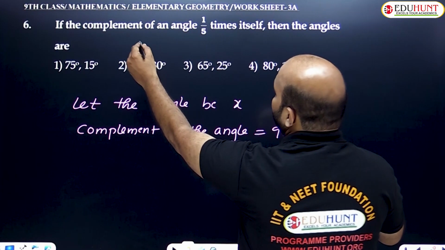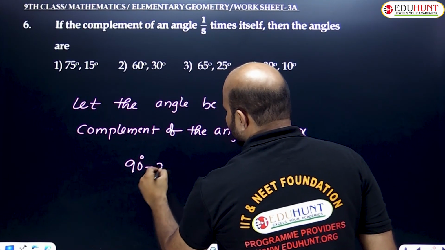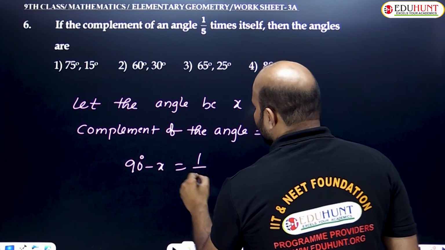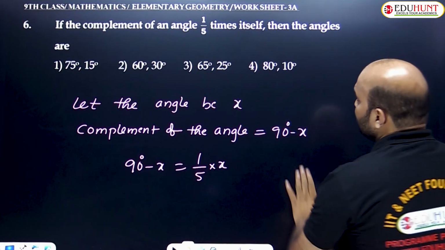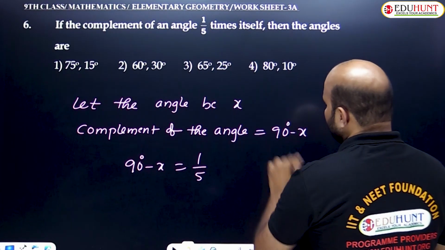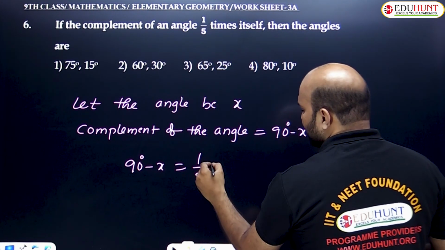So in this question, the complement of an angle, which is 90 degrees minus x, is 1 by 5 times of itself, that is 1 by 5 times of x.